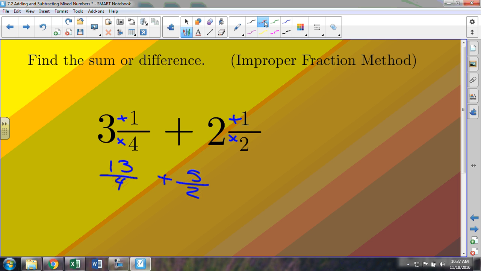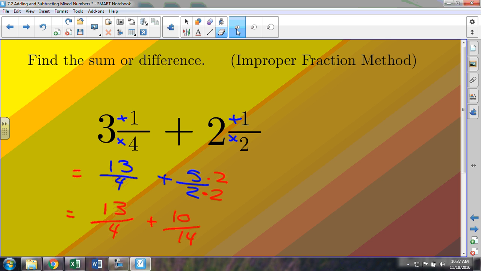One method was based on identifying the least common denominator. For this one, that would be 4. We can turn 2 into a 4 by multiplying by 2, which would allow us to change our problem, rewriting it in an equivalent form as 13 over 4 plus 10 over 4.